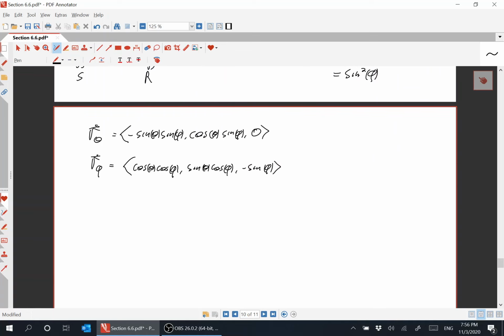Now we've got to do that cross product, and the cross product can be in either order because you're just going to take the length at the end, and changing the cross product around doesn't change the length, it just negates it.